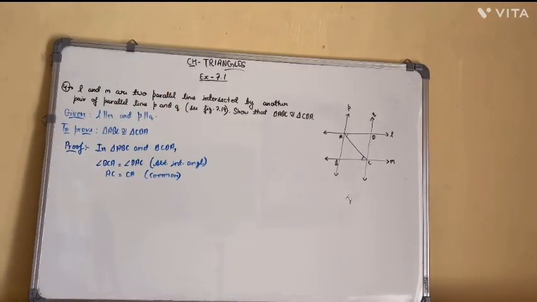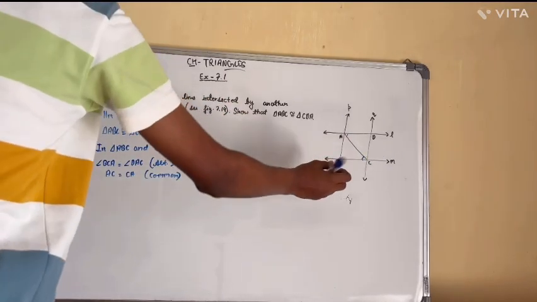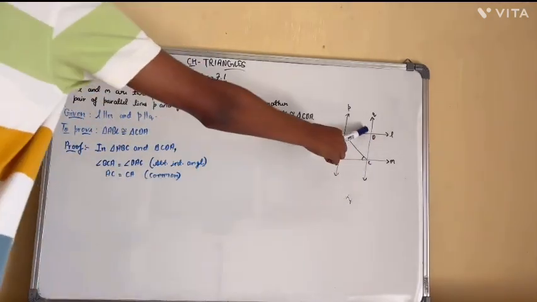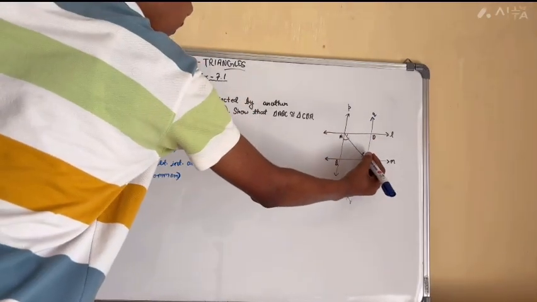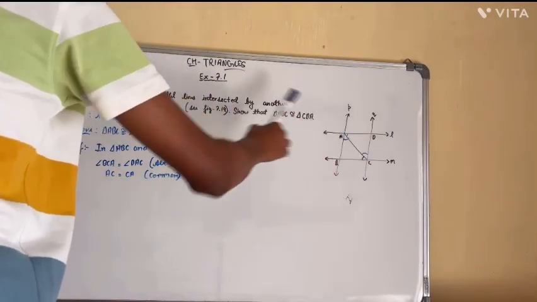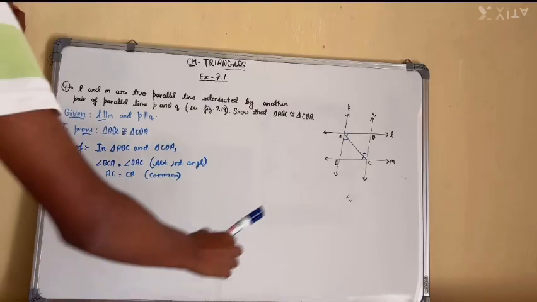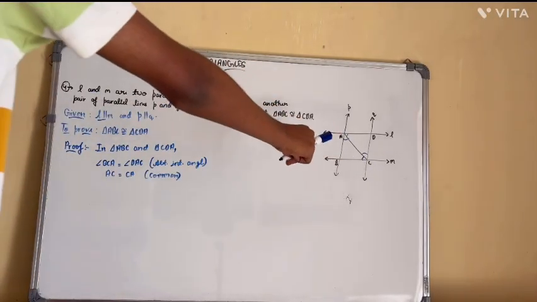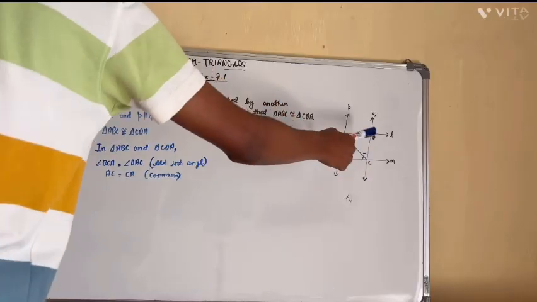Now third one, what can we say? We can say angle PAC. This angle is equal to angle DCA. This angle. How? These L and M are parallel lines. It is given in the question. And this line AC is intersecting L and M. So these are alternate interior angles.